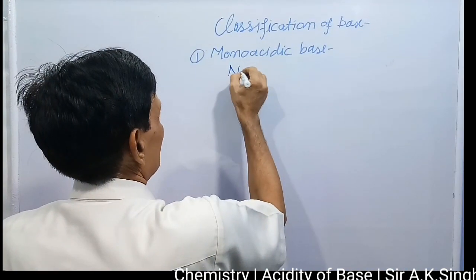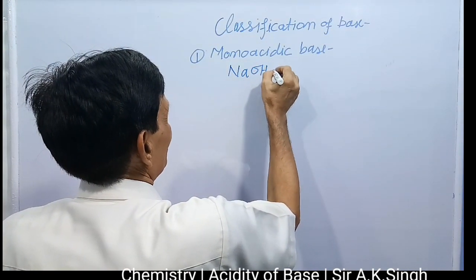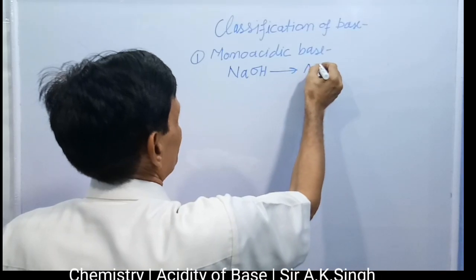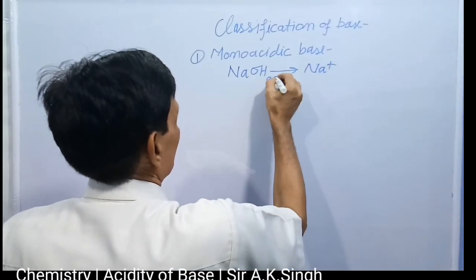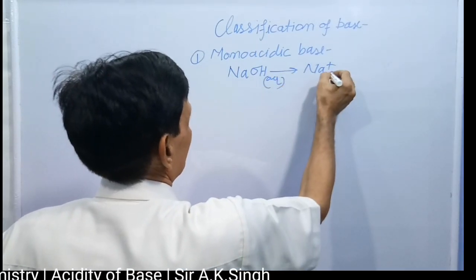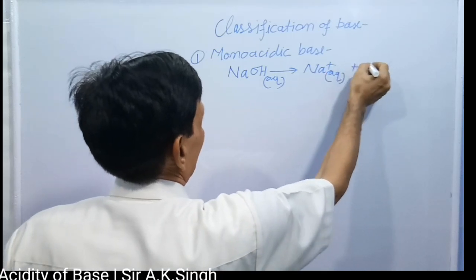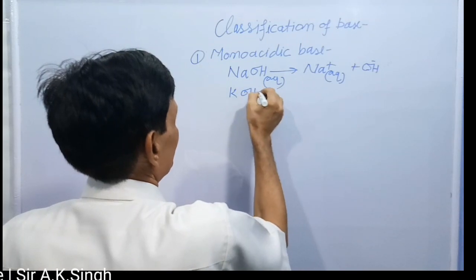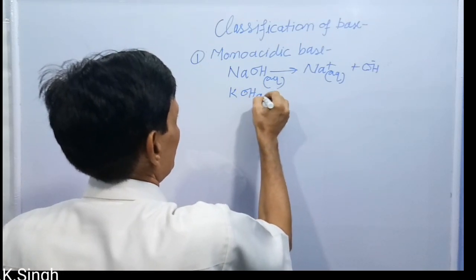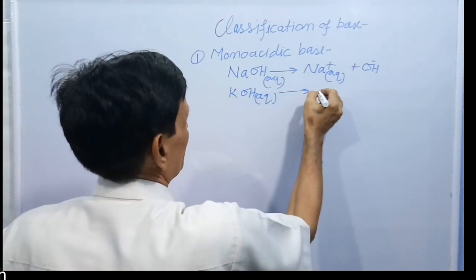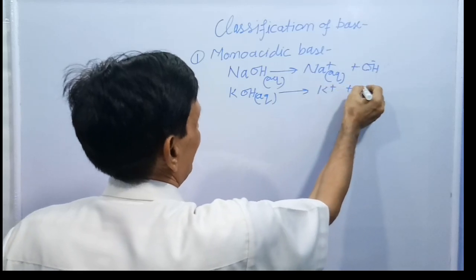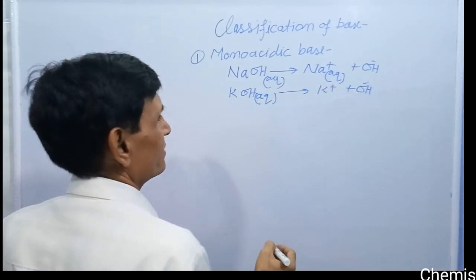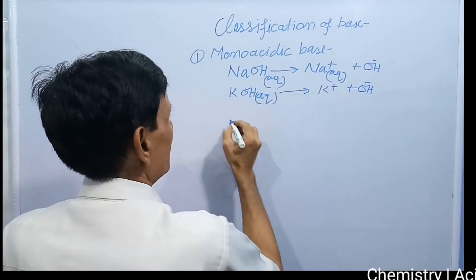Example: NaOH when dissolved in water produces a sodium ion and a hydroxyl ion. Potassium hydroxide dissolves in water and produces a potassium ion and only one hydroxyl ion as the negatively charged ion.